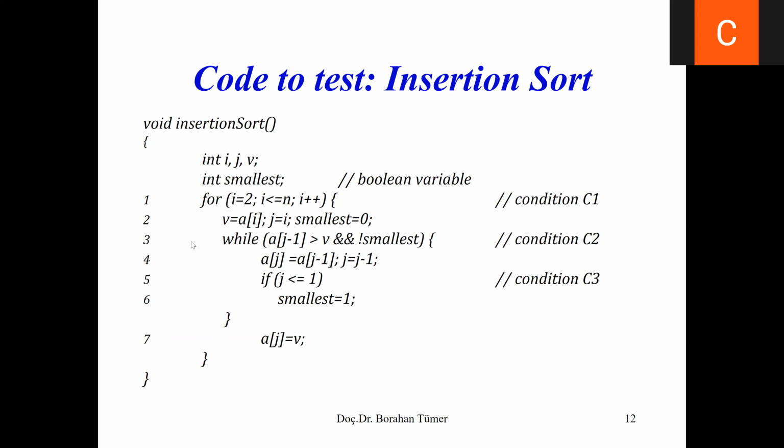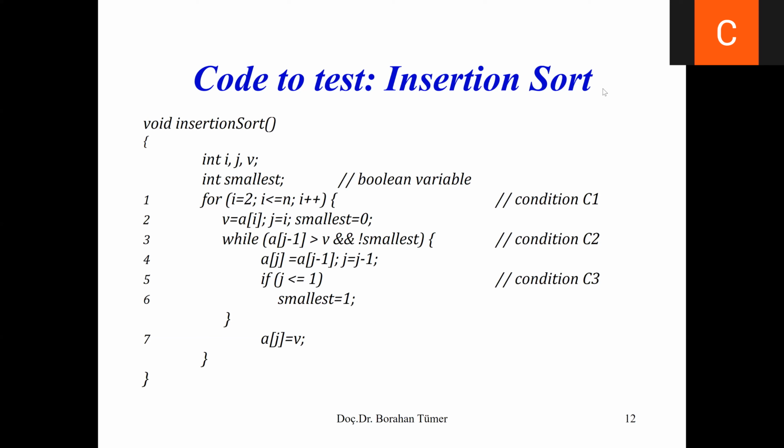I would like you to apply the category partition method to this for black box testing again. And this is another example. This is another case study for us to apply black box testing.